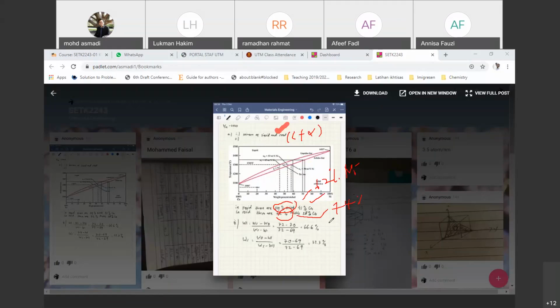Okay. So for the liquid phase, how did you get it? Oh, since you use 72%. Okay, I see. 74, 69. Is W naught 69? Is it WL? The WL you got is 69. This one WS.